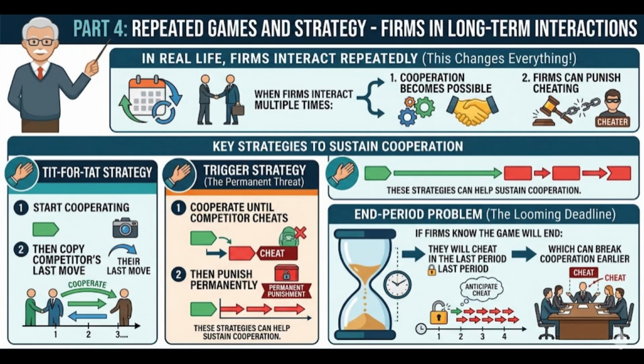And then there is a trigger strategy. Cooperate until the competitor cheats, then punish permanently. These strategies can help sustain cooperation. And there is an end period problem. If firms know the game will end, they will cheat in the last period, which can break cooperation earlier.